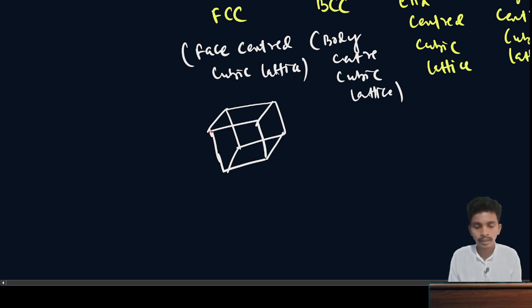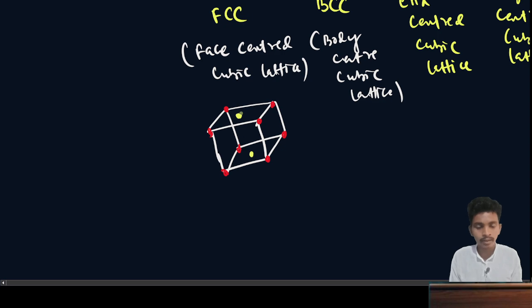So lattice points are there at all corners. With that, lattice points are also present at the face centers.